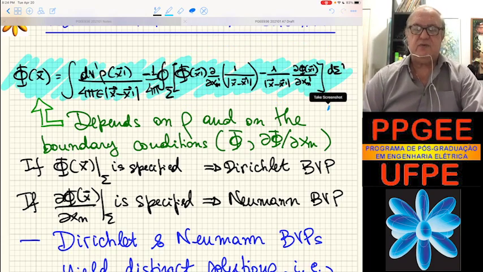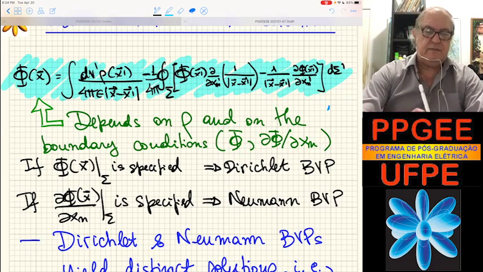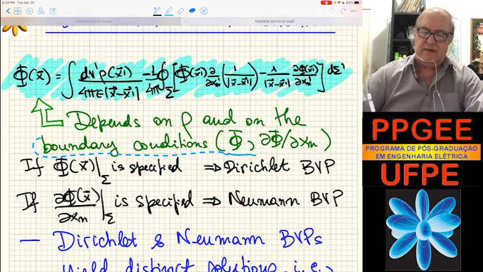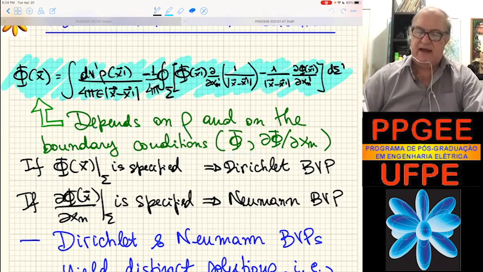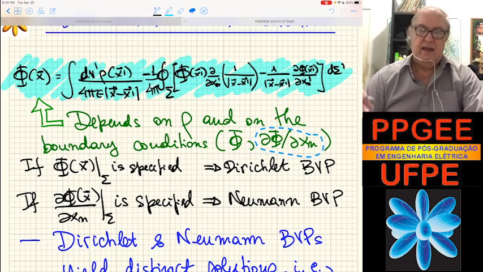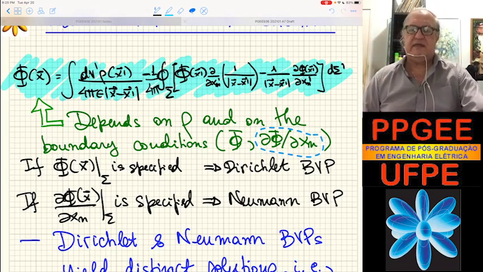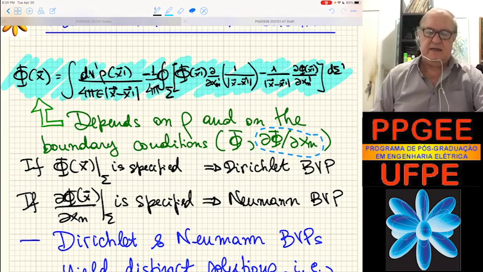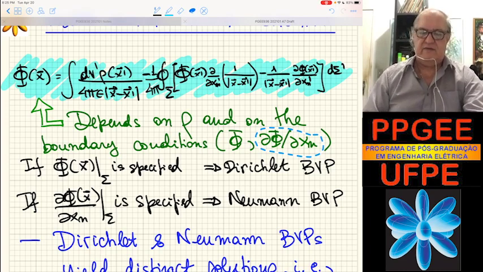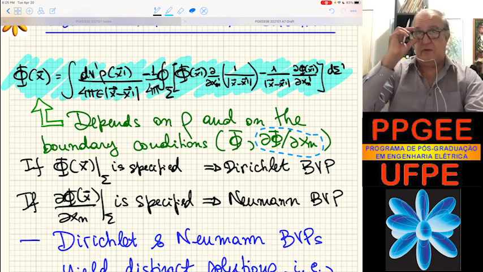So what we see in the solution is that the potential depends on rho, right here, and on the boundary conditions. What are the boundary conditions? Well, information on phi and on the normal derivative of phi on the surface. Those problems have a general classification in math, in the theory of differential equations.